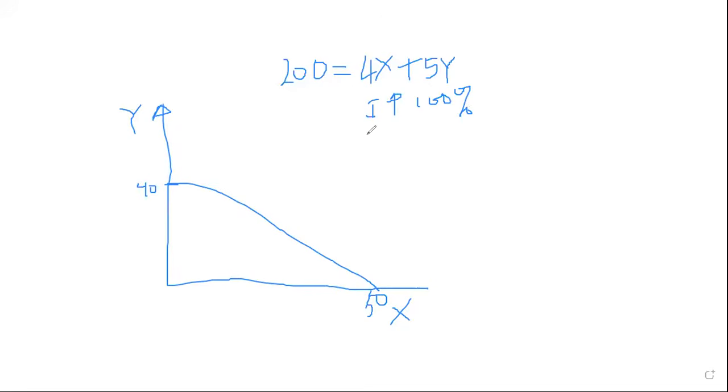And at the same time, price of x and price of y also goes up by 100%. Show the effect on the budget line. So do it. If you are ready to answer, you raise your hand up and then I'll call you. So tell me the effect of this on the budget line.